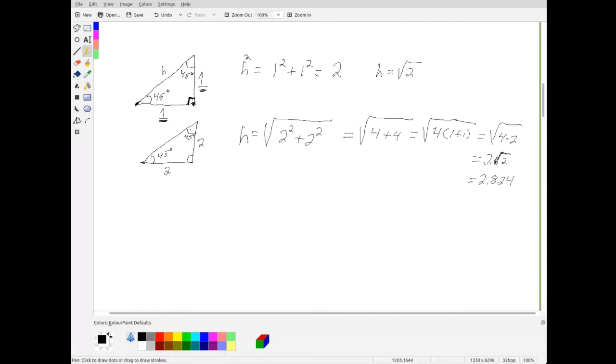Now let's take a look at one where we have a length of, let's see, I'm trying to remember the number off the top of my head.